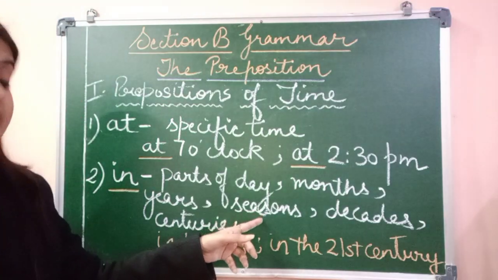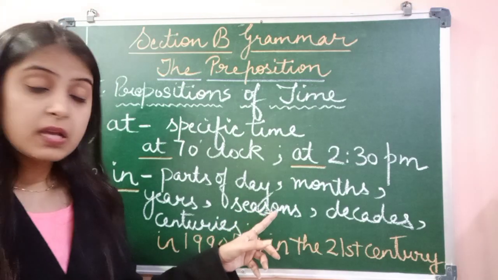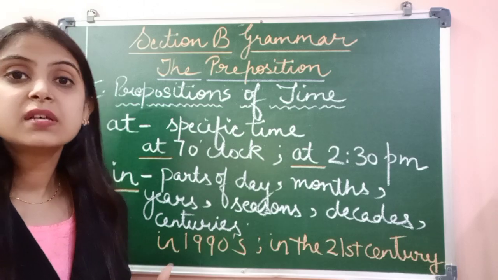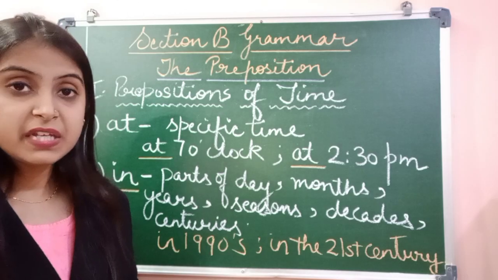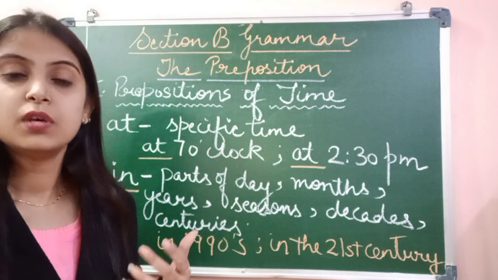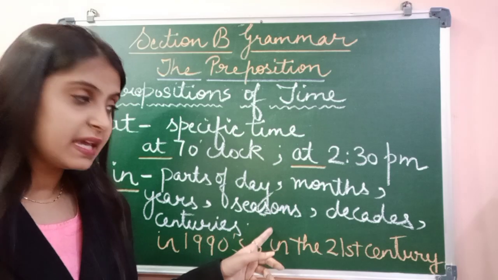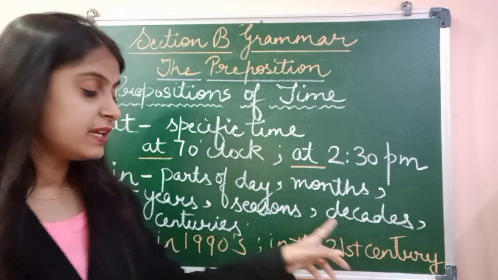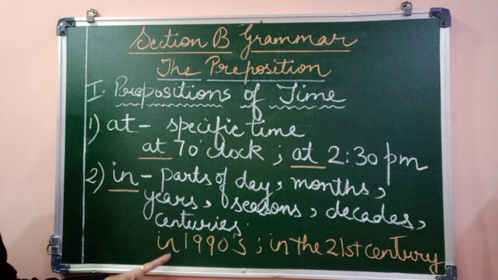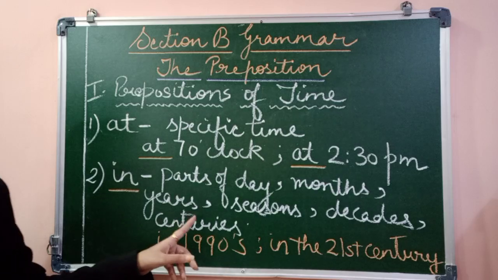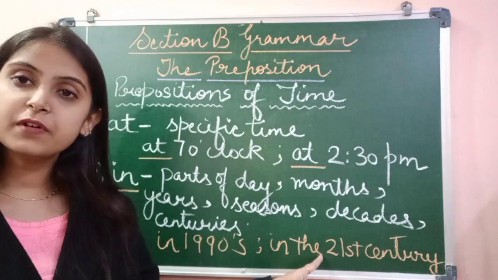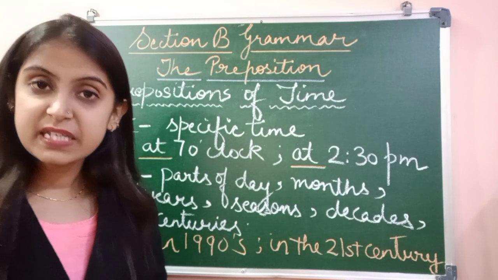Seasons: summers, winters, spring, autumn, leaves fall in autumn season. So with seasons we use in. Then if we talk about decades: in 1990s, in 1980s. Centuries: in the 21st century, in the 19th century.